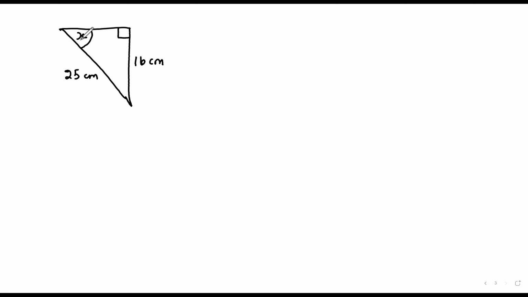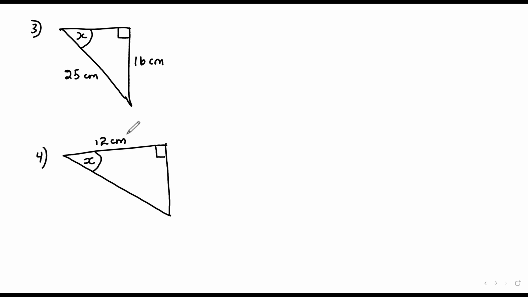Make sure the first step is to label your triangle, right? Label the sides of your triangle, because that's the only way that you will use the correct ratios. If you label your triangle incorrectly, you're going to end up using the wrong ratio. All right.